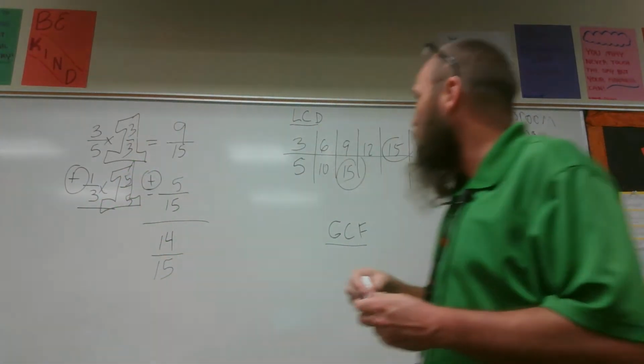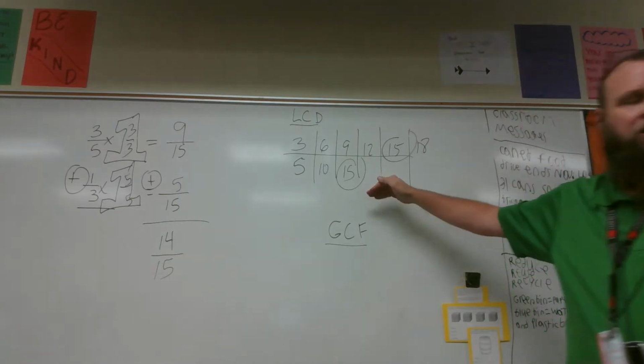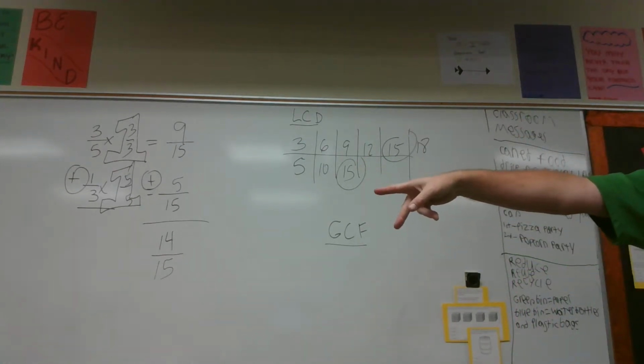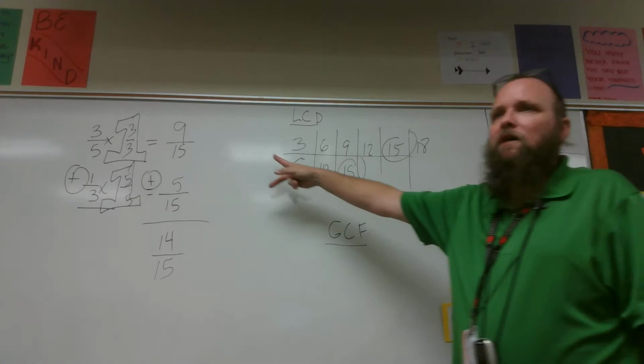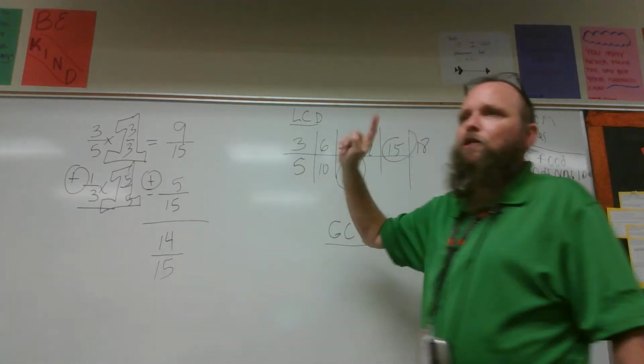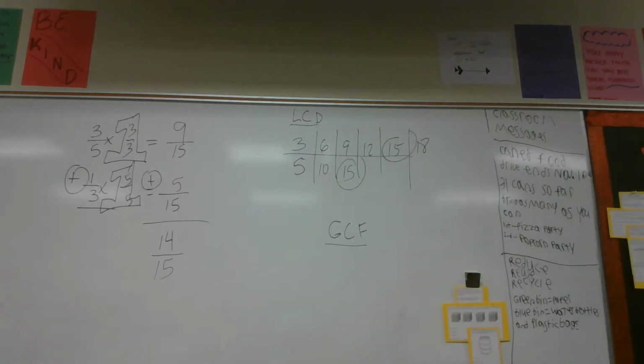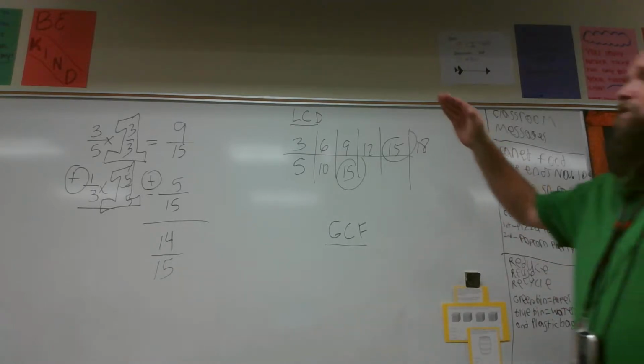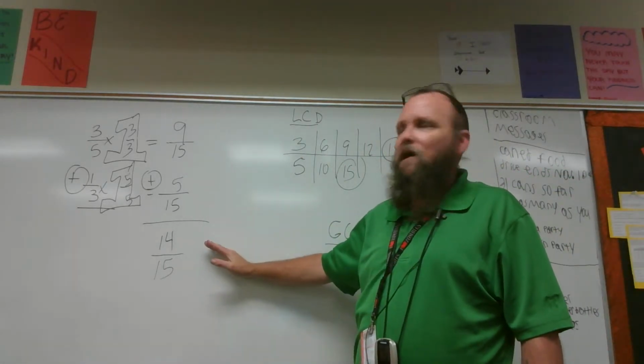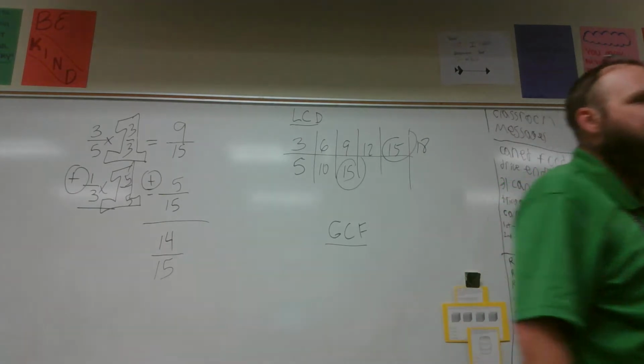So now we have found the least common denominator of the two fractions. We have changed them into equivalent fractions using that least common denominator. We have found the sum of 9/15 and 5/15.